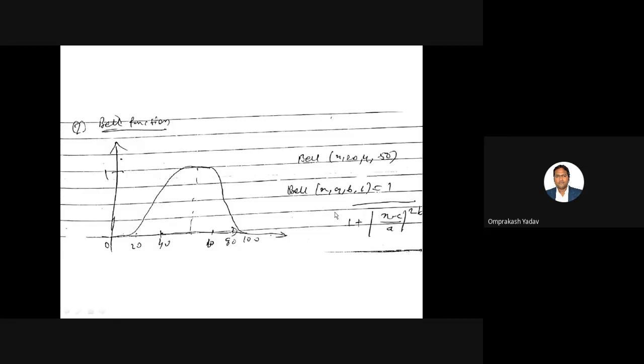And the formula is: Bell of x, a, b, c is equal to 1 upon 1 plus mod of x minus c upon a, raised to 2b.